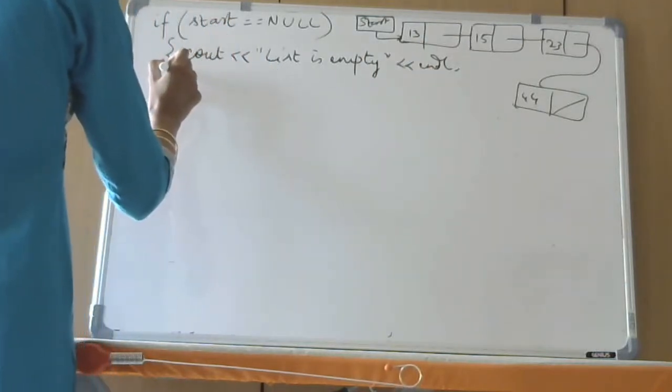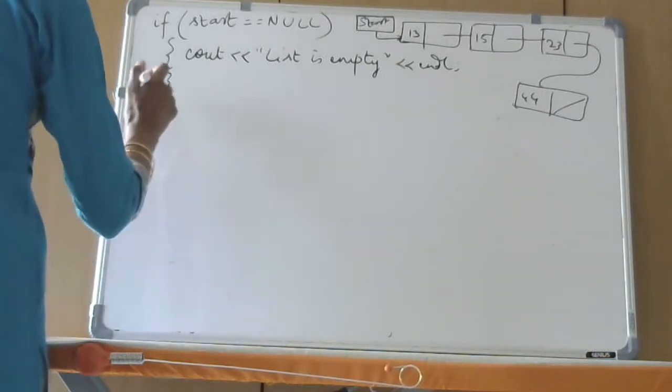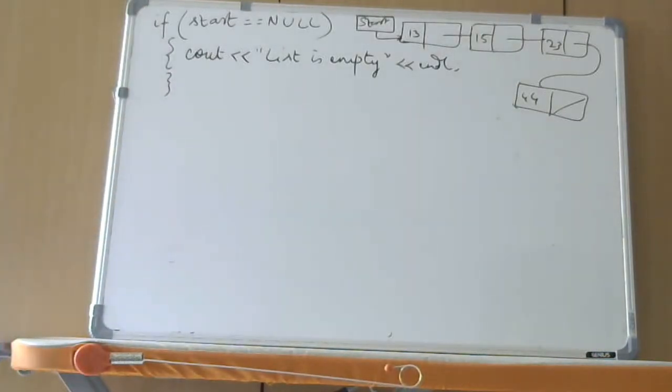If start is null, then we can't do anything. There is no question of inserting before an element. So if it is null, then it is empty, and I keep going.